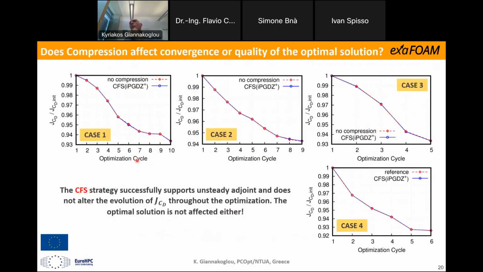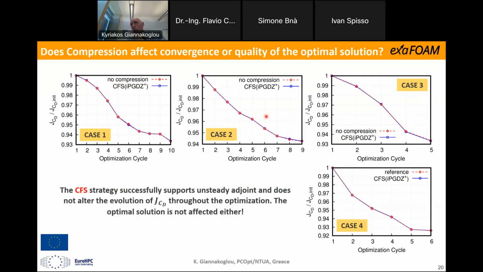Then we performed the optimization once without compression at all, and second with compression, with the compressed full storage CFS technique. And you see here in these 4 graphs the convergence of our optimization algorithm.